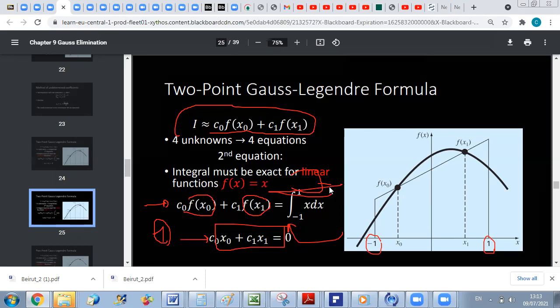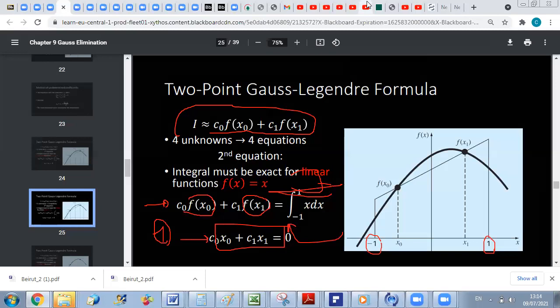And the fourth one will be to give me an exact value for a cubic function. So by forcing these 4 equations, I can get the 4 unknowns, which are C0, C1, x0, and x1. So I will know the optimal positions I can select to be able to calculate the exact value of the integral up to an order of 3.